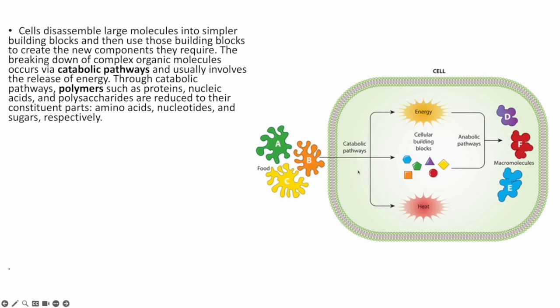Another element is that it generates energy in a chemical form, and this energy is used to make the new proteins, the new structures, the new molecules that are suitable for the life processes. So this is, in a nutshell, what's happening in life.